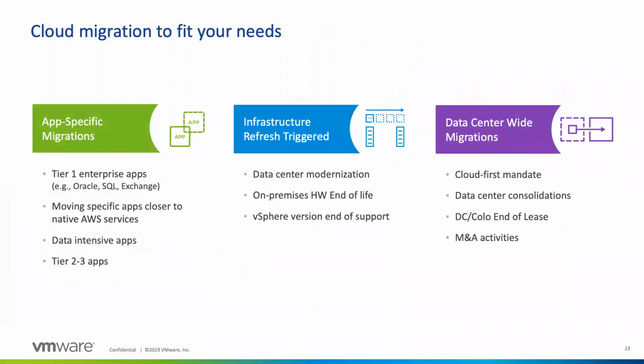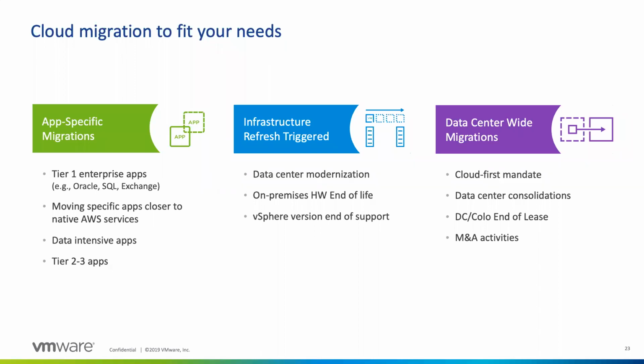And so we have a couple of different types of migrations that we're seeing from customers. Again, these app-specific migrations, these could be Oracle, SQL, Tier 1 applications. It could be moving some apps, as I mentioned with that retail customer, closer to AWS services to take advantage of them.